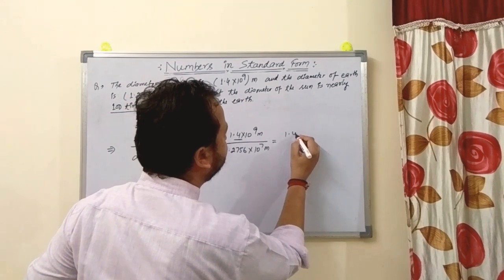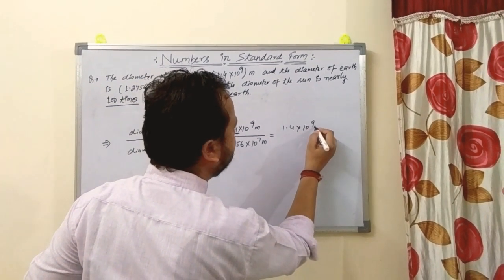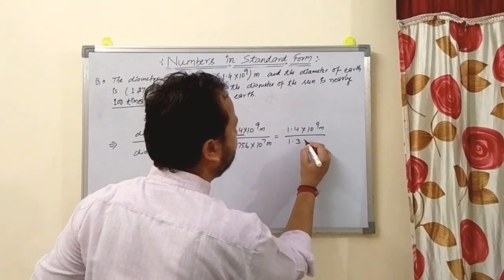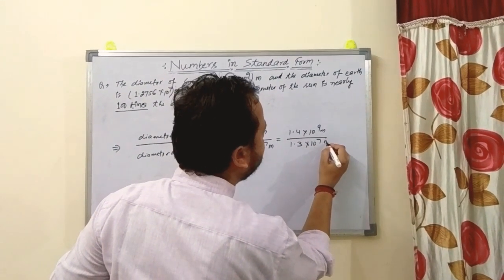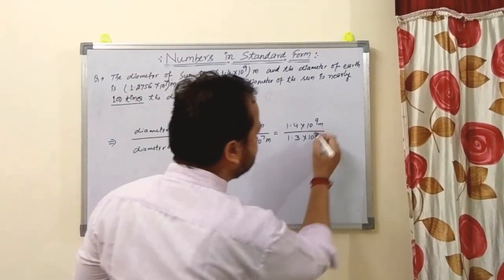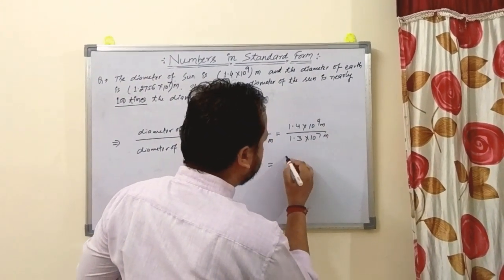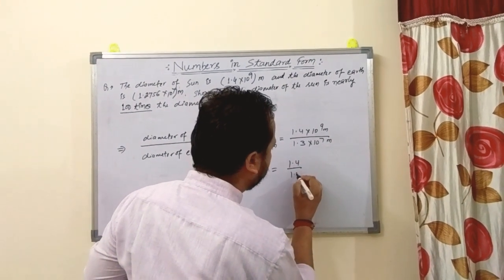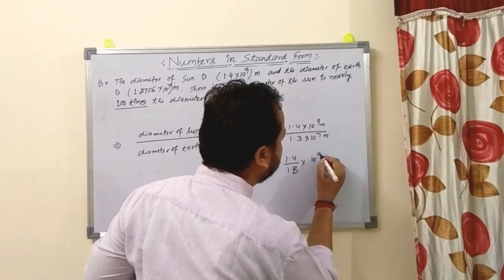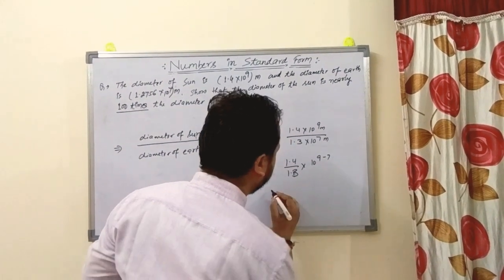So 1.4 into 10 to power 9 meter divided by, you can also write it as 1.3 into 10 to power 7 meter, which is nearly 1, means here you can write it as 1.4 upon 1.3 into 10 to power 9 minus 7.